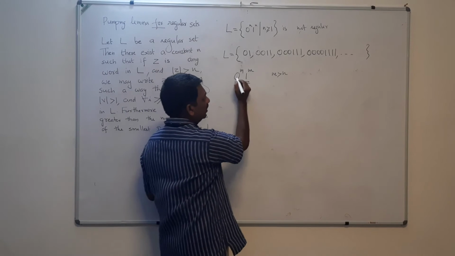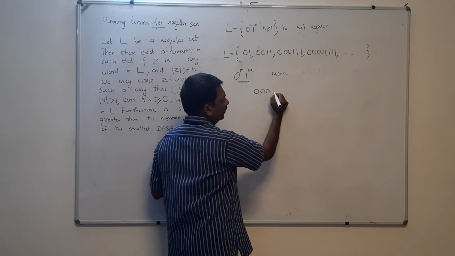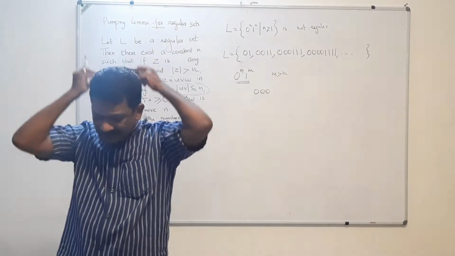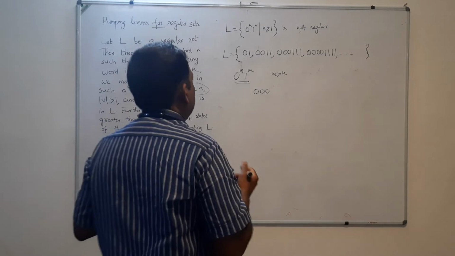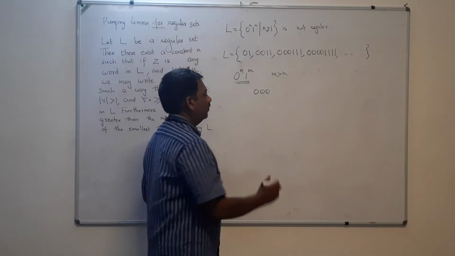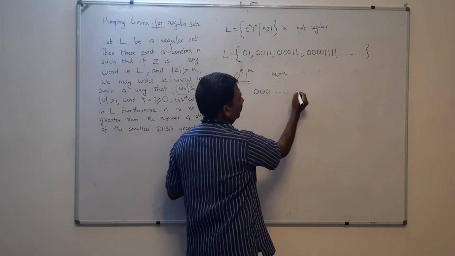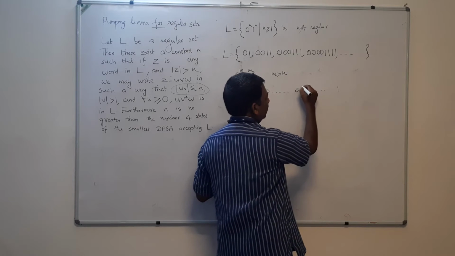Suppose I write here 0, 0, 0, followed by 0 and 1, 1, 1, and so on. Here there are m zeros and here m ones.